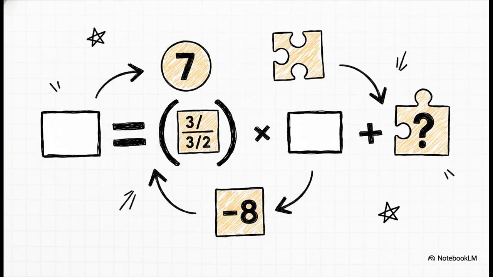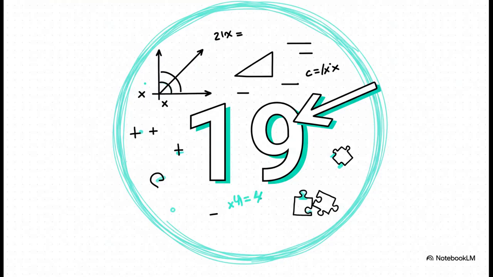The only thing we don't know is c, the y-intercept. But that's no problem. We can totally find it. We're going to do exactly what we did to find k. We just substitute everything we know into the blueprint. y is 7, m is 3/2, and x is -8. The only thing left to solve for is c. When you do the math, it simplifies down to 7 equals -12 plus c. A little bit of rearranging, and we find that c is 19.